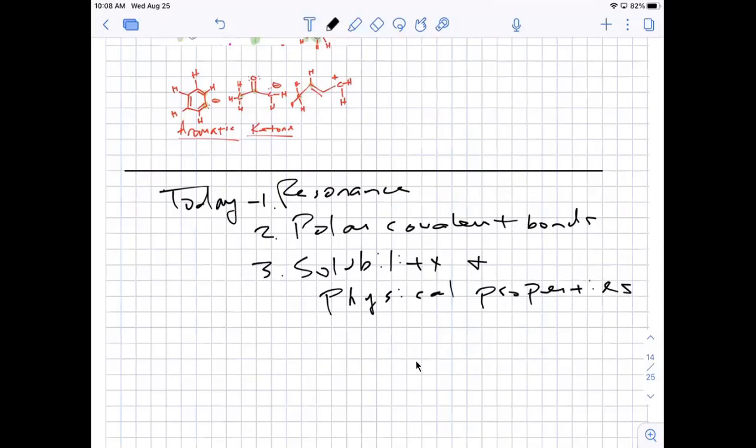Even if we don't get a chance to talk about functional groups for this first exam, it'll be on the second exam. And I'm thinking that we'll move the exam at least to next Wednesday instead of Friday.